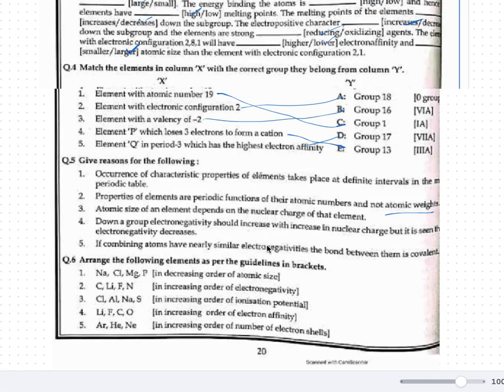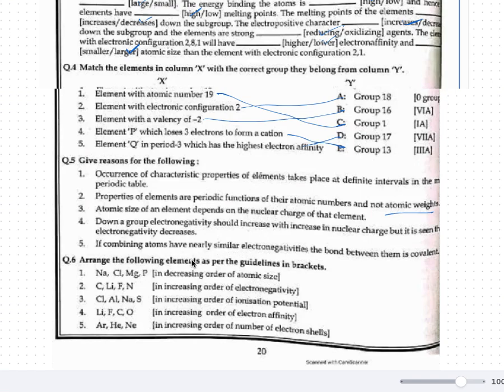And if donating and accepting cannot happen, they come to the midway process, which is sharing. Sharing means covalent bonding. Ionic bonding cannot happen due to lack of donation and acceptance.